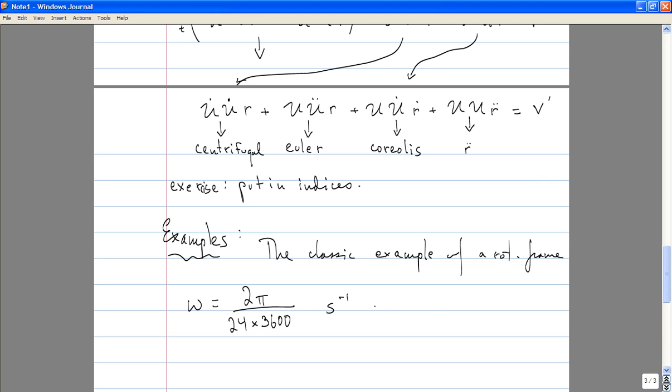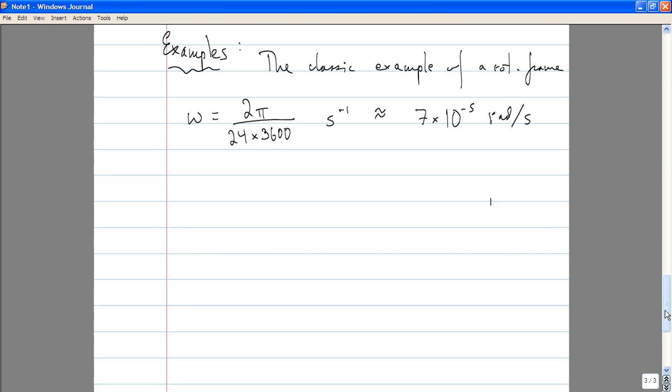And so that's something like 7 times 10 to the minus 5 radians per second. So let's go ahead and go through a few examples of problems involving the Earth's rotation.